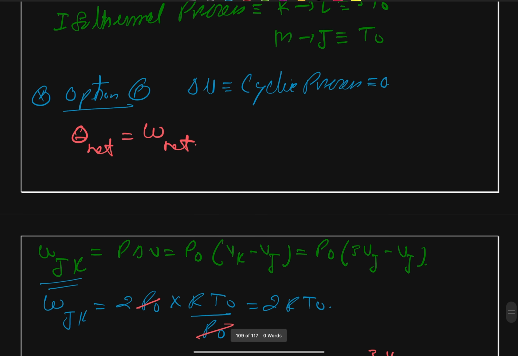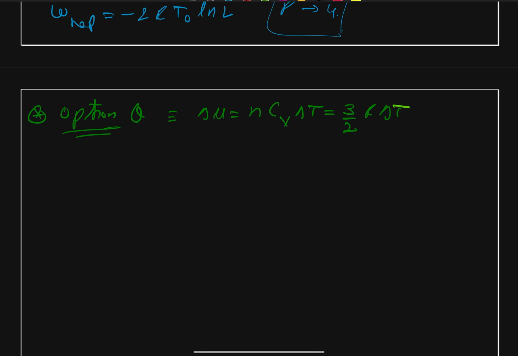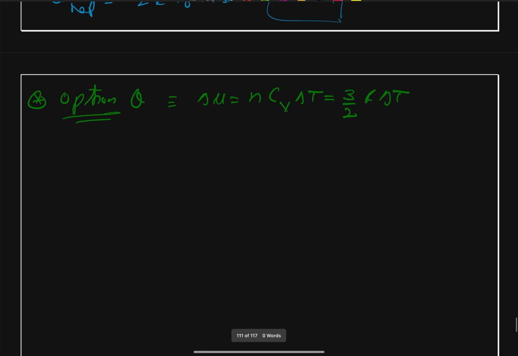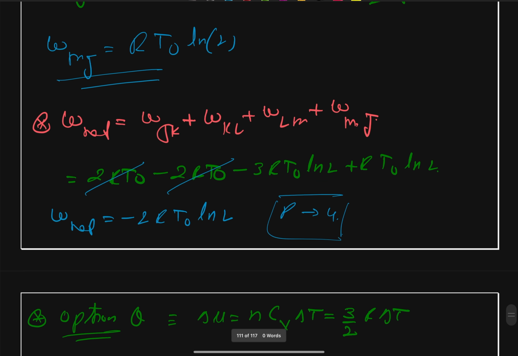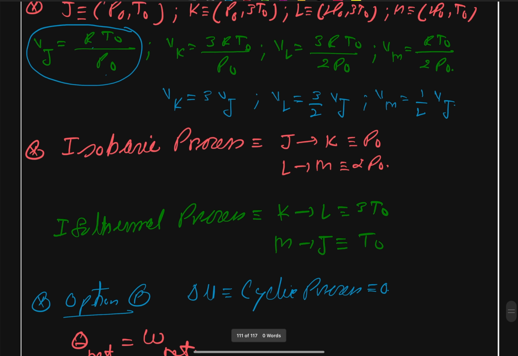So we have our option Q, that the change in internal energy, we know that delta U is equal to n times C_V multiplied by delta T, which will be our 3 by 2 R times delta T. And we can substitute delta T. We get this as delta U is equal to 3 by 2 times R, and delta T we have to find for J and K.